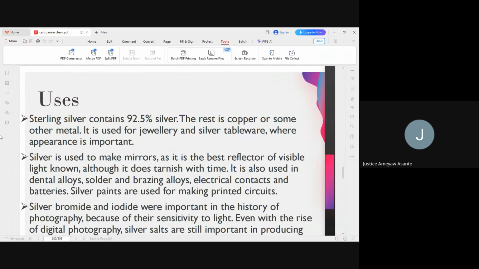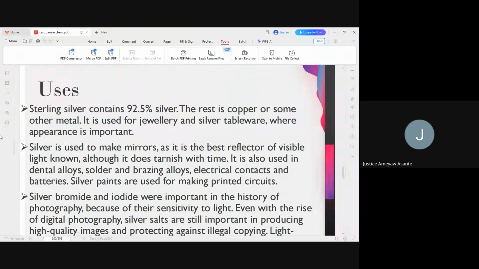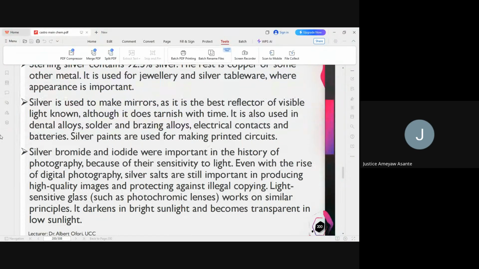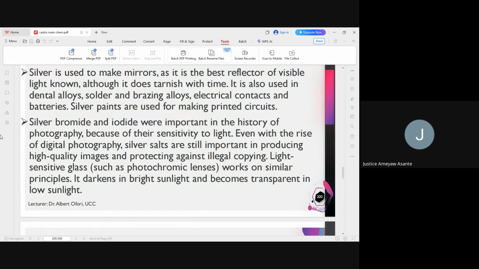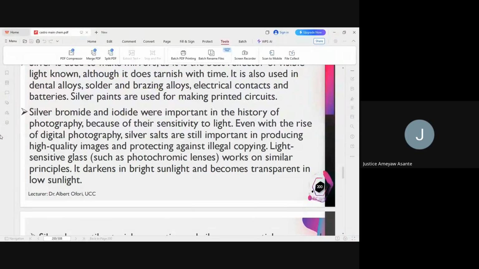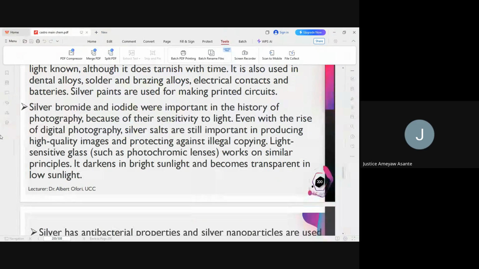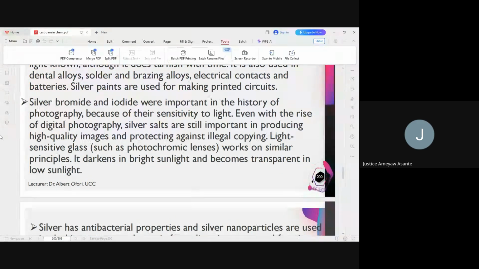Several paints are used for making printed circuits. Silver bromide and iodide were important in the history of photography because of their sensitivity to light. Even with the rise of digital photography, several salts are still important in producing high quality images and protecting against illegal copying, light sensitive glass.